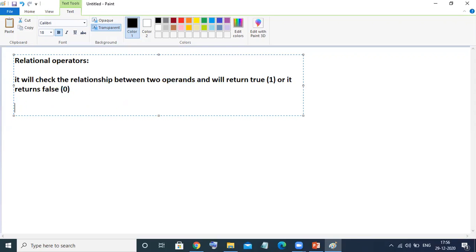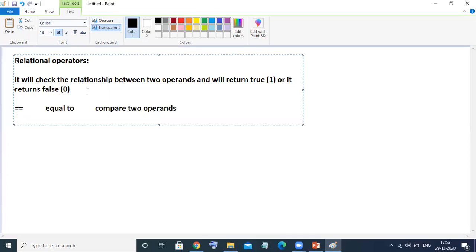Now there are a number of relational operators. For example, this is called the equal to operator, which is used to compare two operands, whether they are equal or not. If they are equal, it returns 1. If they are not equal, it returns false.